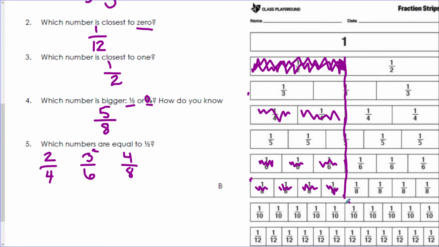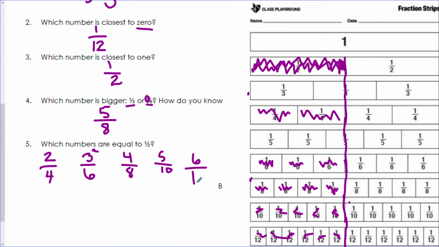We're going to keep going until I get to the end. And again, it matches up here perfectly with the tenths. So I have 1, 2, 3, 4, 5 tenths. And we're going to check the twelfths. And it does match up with the twelfths. So I have 1, 2, 3, 4, 5, 6 twelfths.